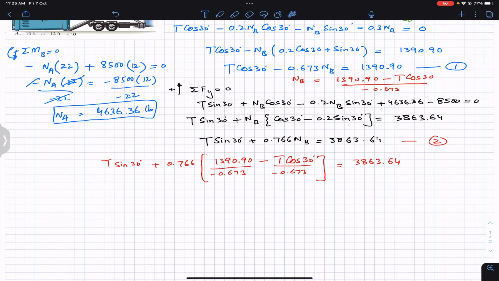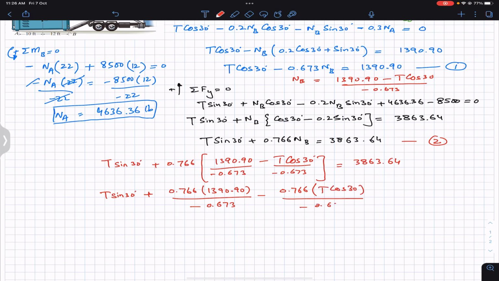And now we can multiply this inside, right? So this will be T sine of 30 plus 0.766 into 1390.90 divided by minus 0.673, and then minus 0.766 T cos of 30 divided by minus 0.673.